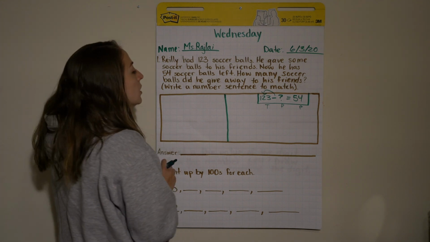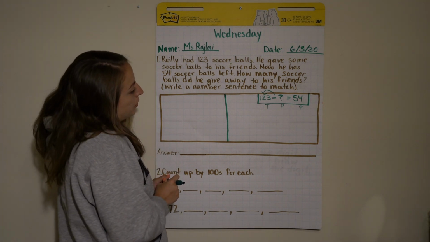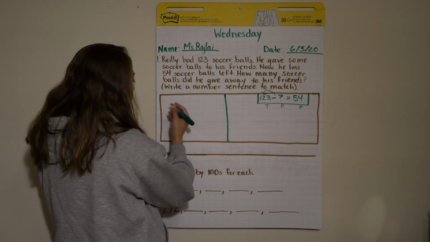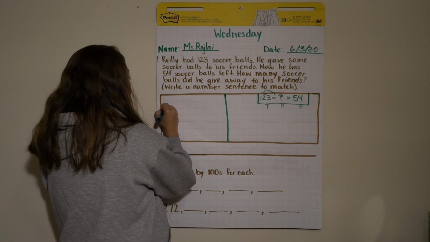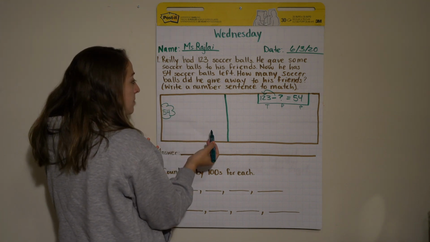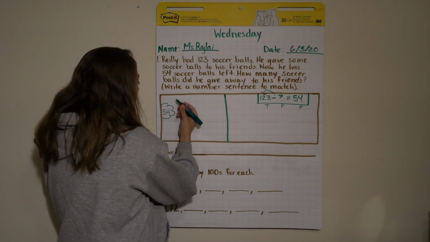Okay, so I'm going to start with my part, and then I'm going to add and stop when I get to my total. So I have 54. I don't know how many 10 sticks or ones I'm making, so I'm going to take it slow.